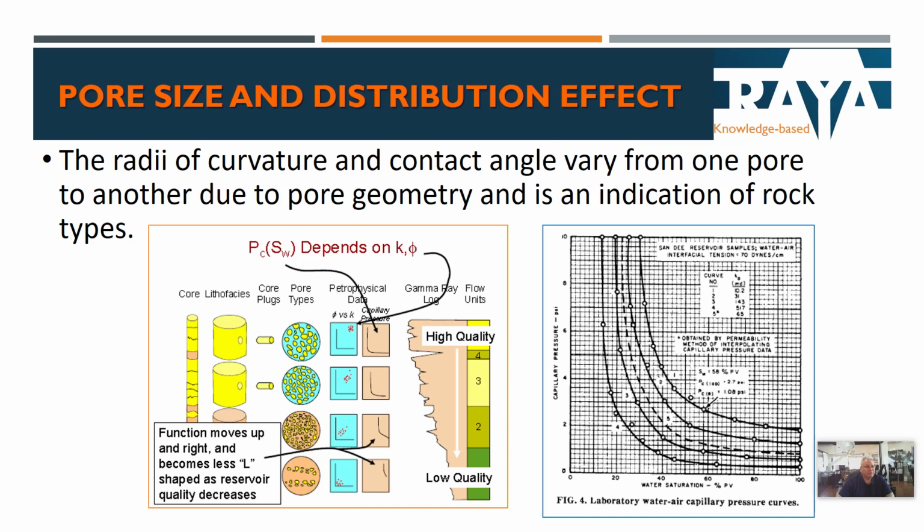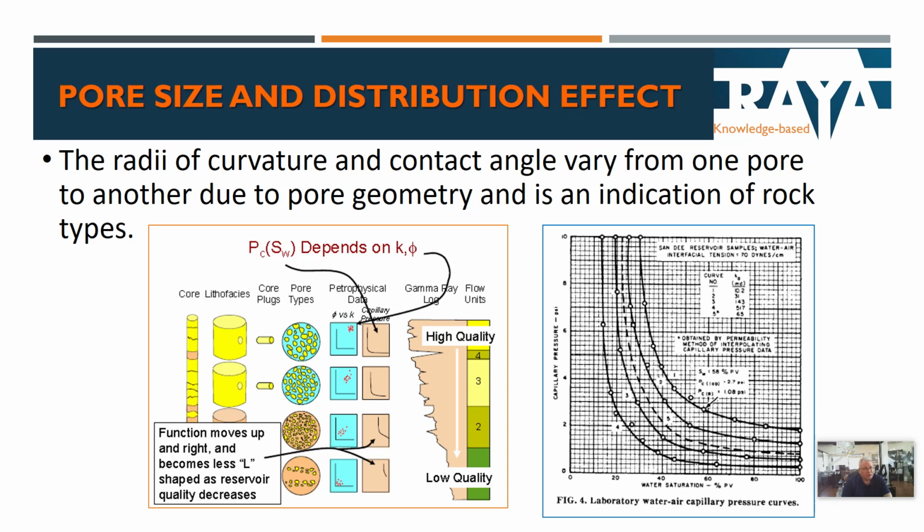We have some parameters that have effects on capillary pressure measurements. The most important is pore size and pore size distribution. We know that in a reservoir the rock changes by rock types, and every rock type has its own porosity, permeability and pore throat.